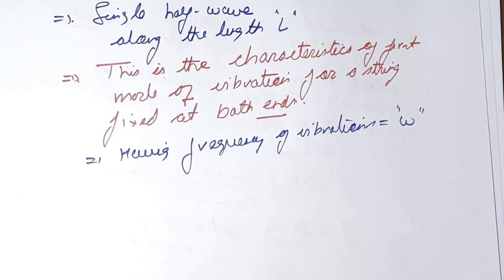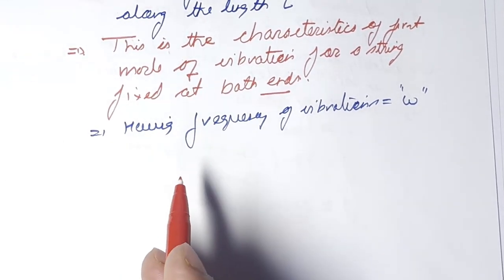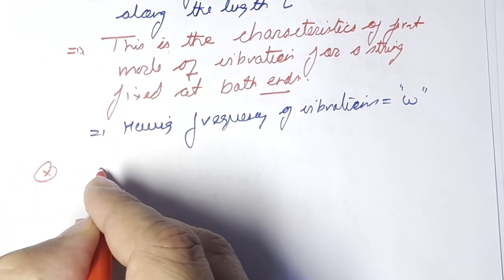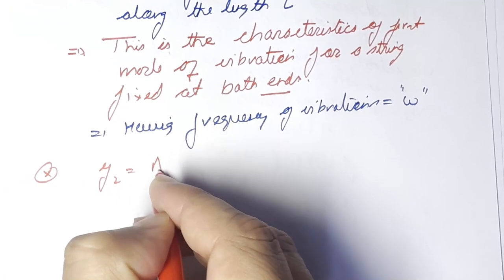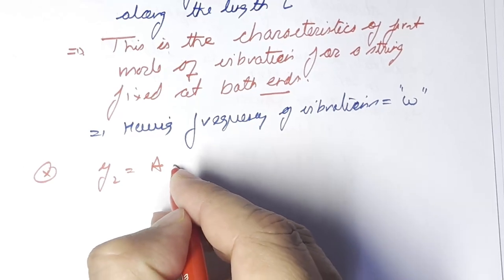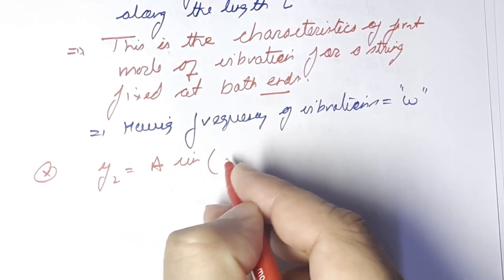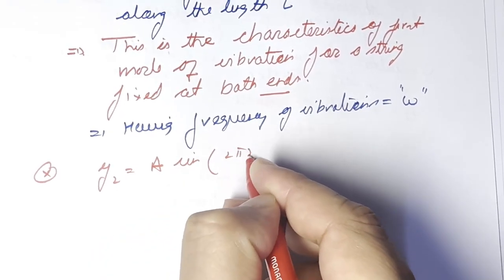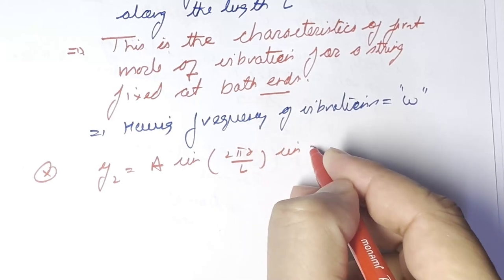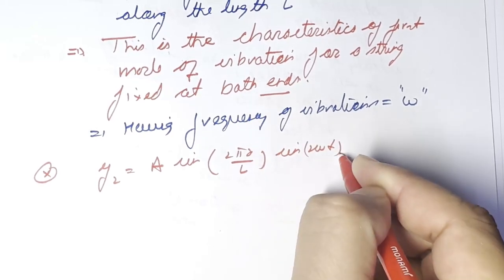Now let us discuss the second part, the second displacement equation, which is given as y2 equals a sin(2πx/L) multiplied by sin(2ωt).